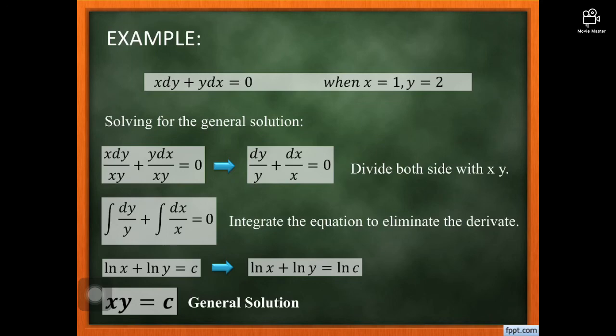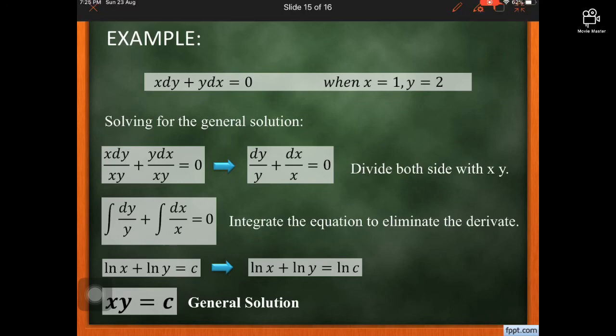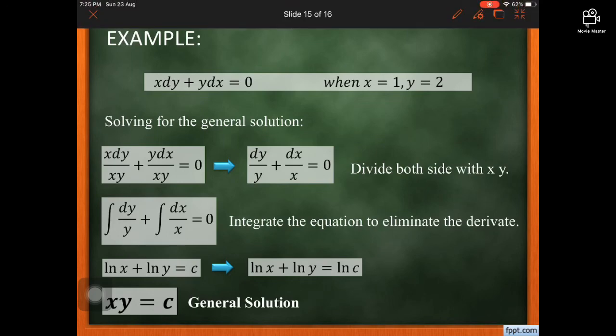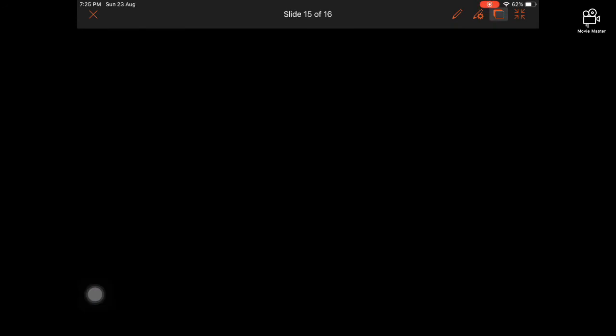Now, if you substitute the values of x and y into that general solution, it becomes a particular solution. We have the general solution xy is equal to c.